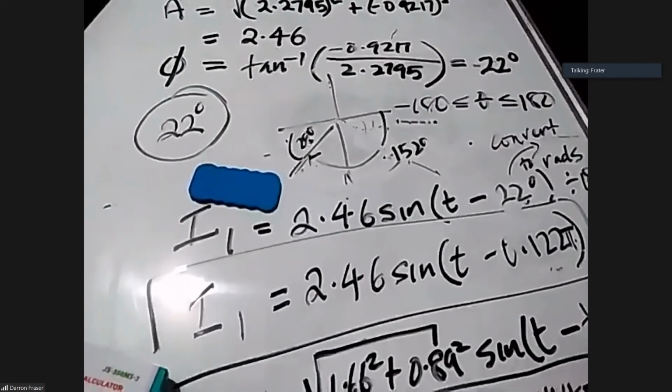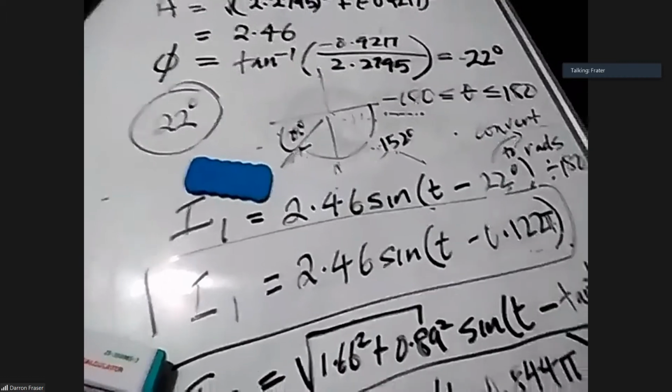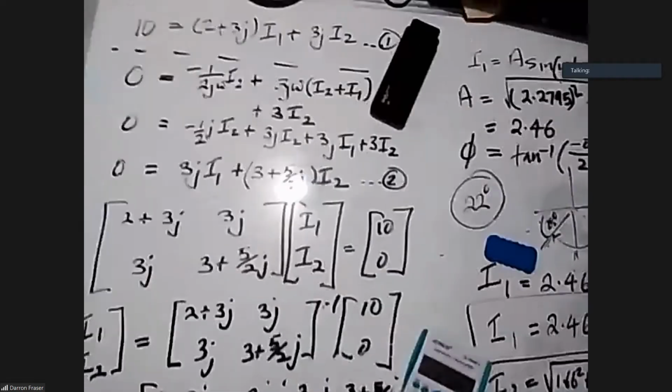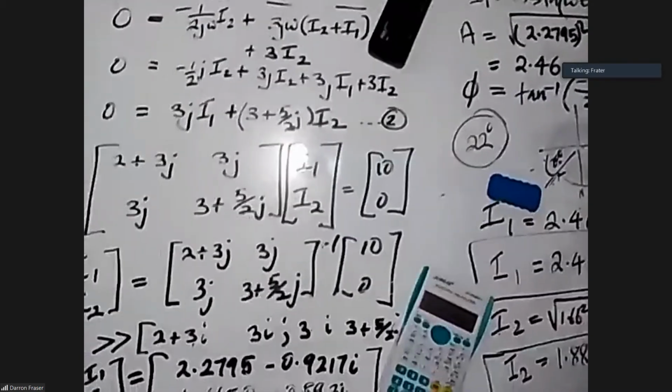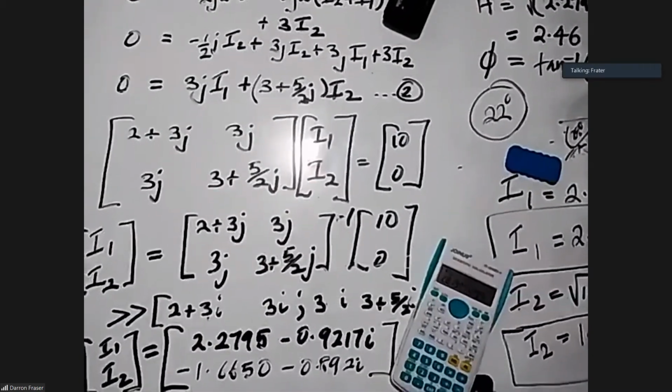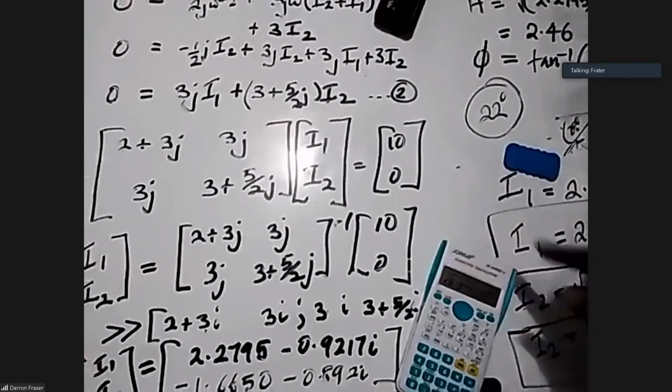Okay. So go back over to the other side here, right beside the calculator. In the calculator you have 2 plus 3i.